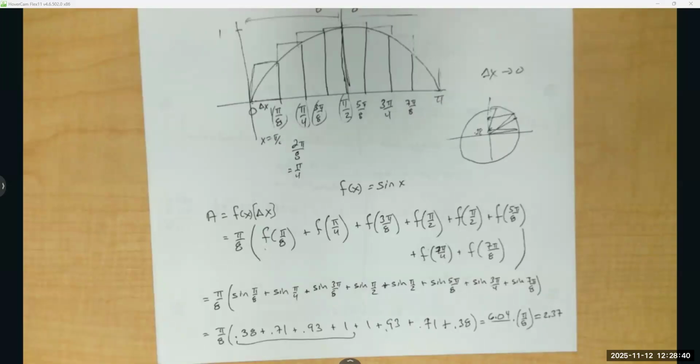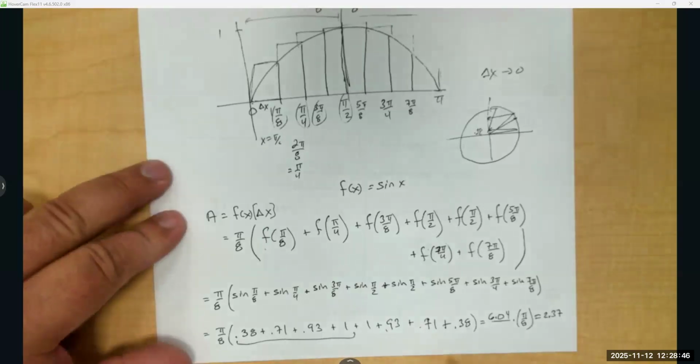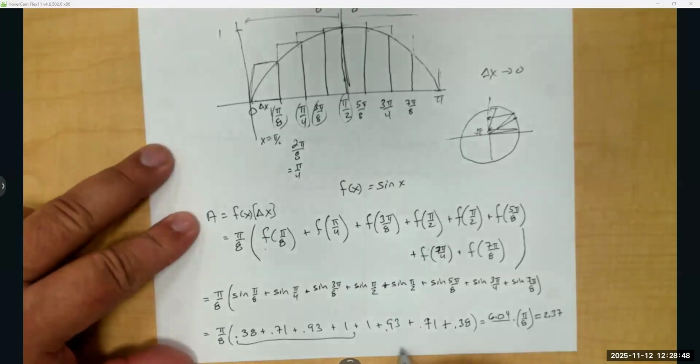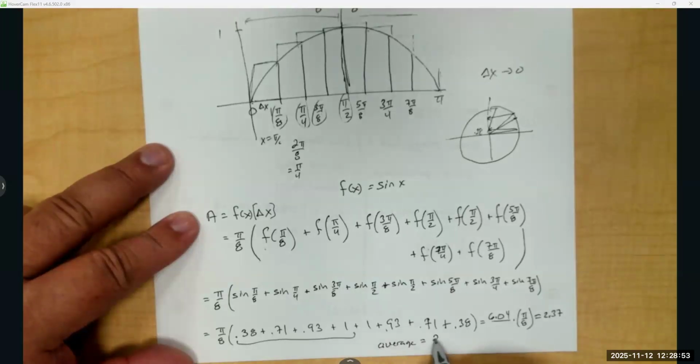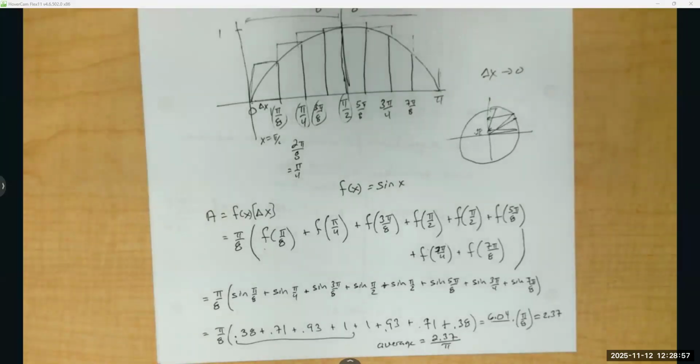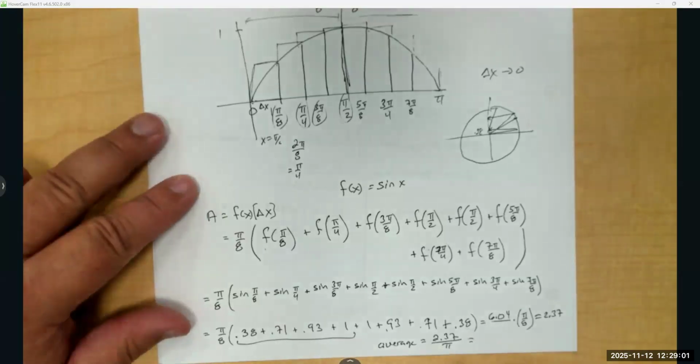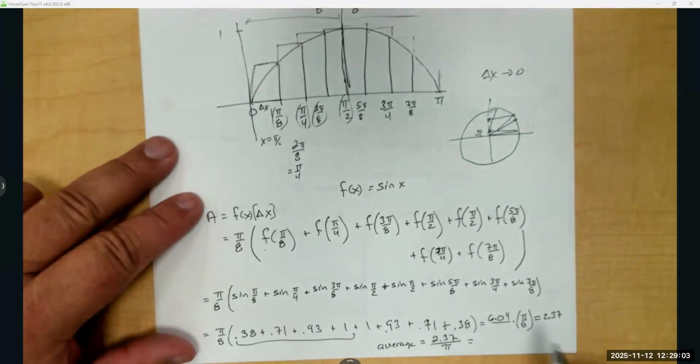So remember, the question asks us to find the average. So to find the estimated average, we take this, so the average is 2.37 divided by pi, which is approximately what?